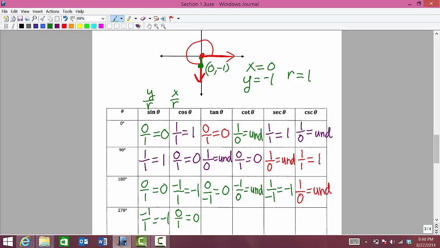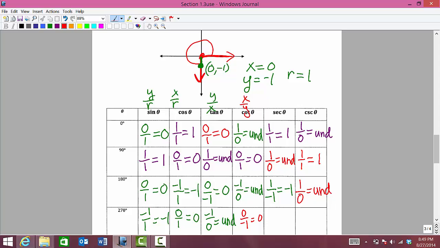Tangent is y divided by x. So that would give us -1 divided by 0, which would be undefined. Cotangent is the reciprocal of that. That would be x divided by y. So that would be 0 divided by -1, which is 0.